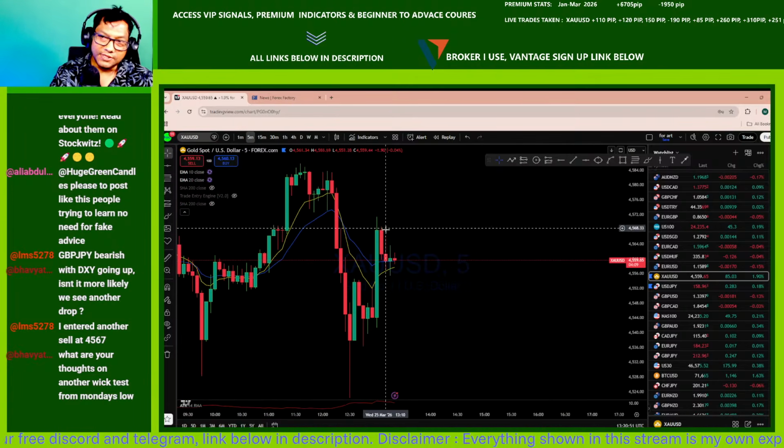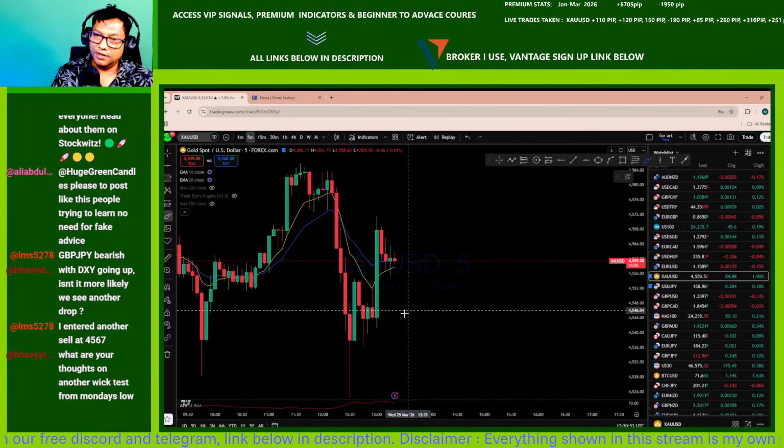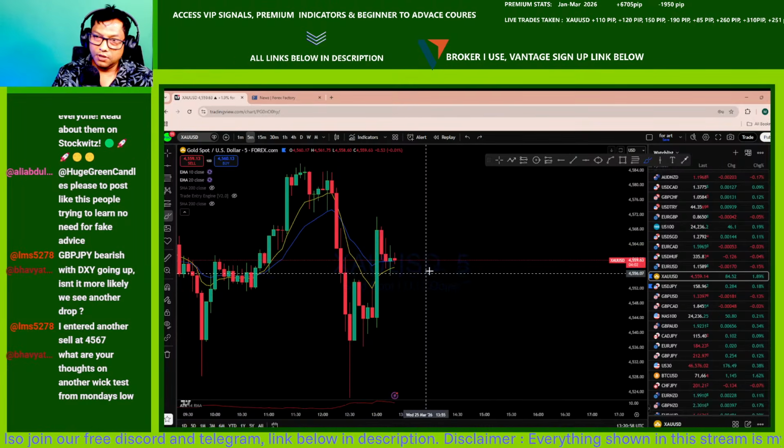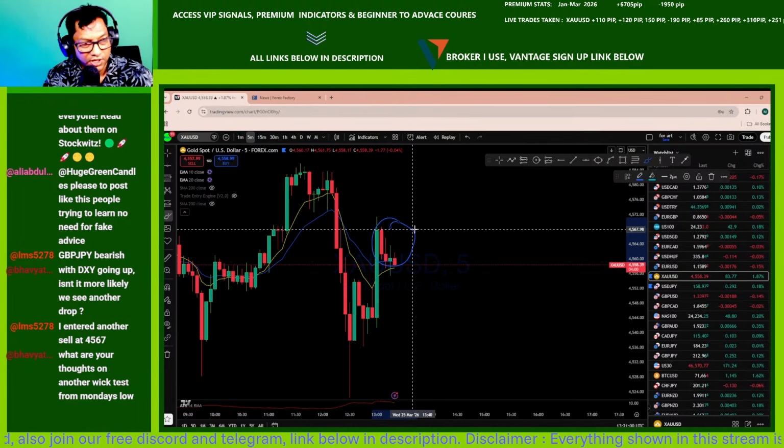Okay, so with this initial breakout that you can see here is the narrow pullback that you can see in this lower time frame.